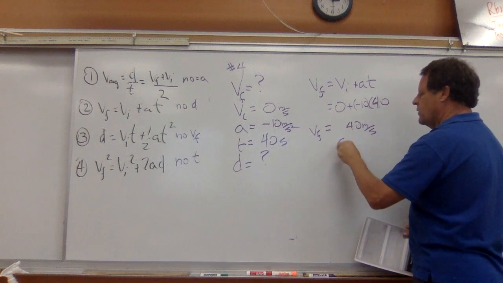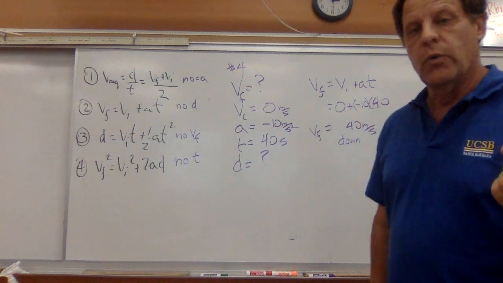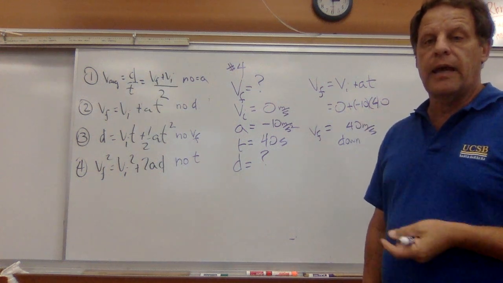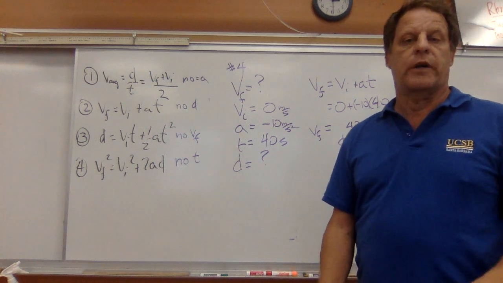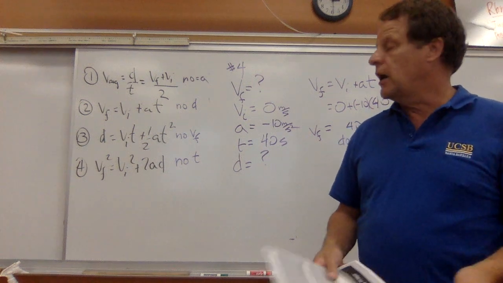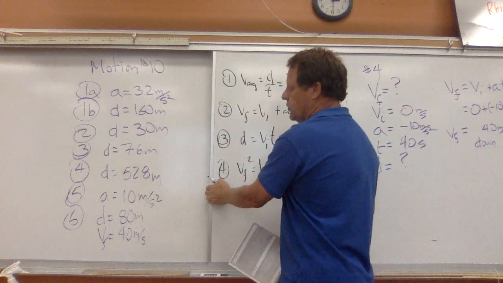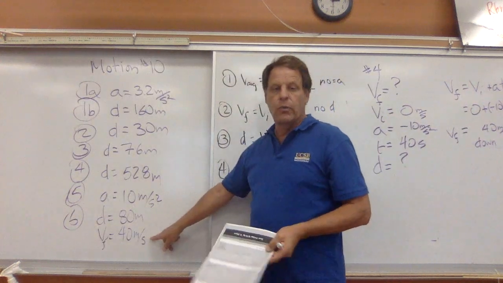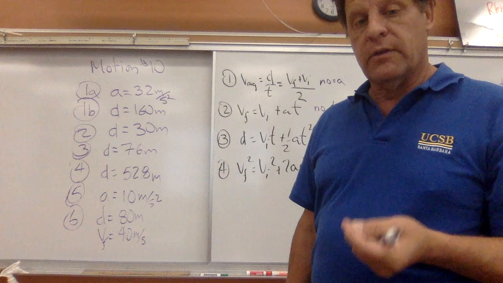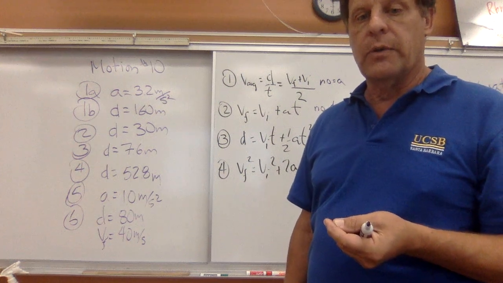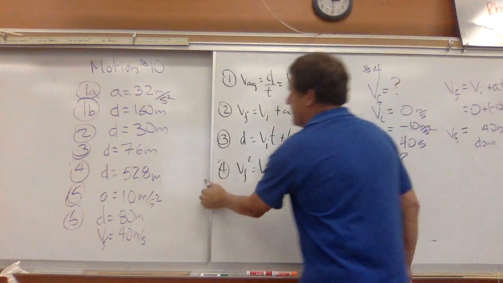That negative means downward. This is where we get the difference between speed and velocity. It's going 40 meters per second, but in which direction? It is going down, which may be obvious. If we go back to the previous problem, I said it was positive 40 meters per second, and that's really just saying what its speed is, because I'm not talking about the direction. The direction would be down, which if you read the question would make sense.